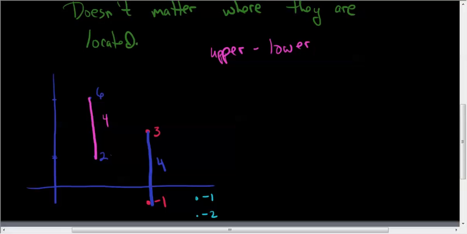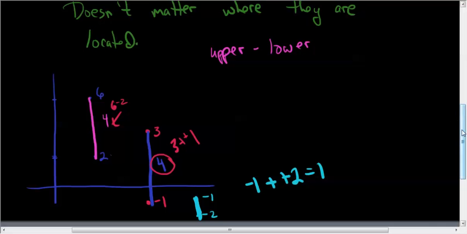This one was 6 minus 2, that's your 4. This is upper 3 minus the lower, negative 1. That gives you a height of 4. Well, what about if they're both negative? How's that going to work? Upper negative 1 minus a negative 2. Look at that, the height is 1, and we know that this height here is 1.